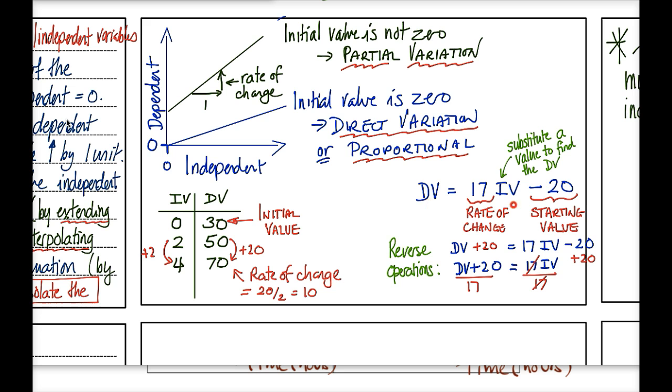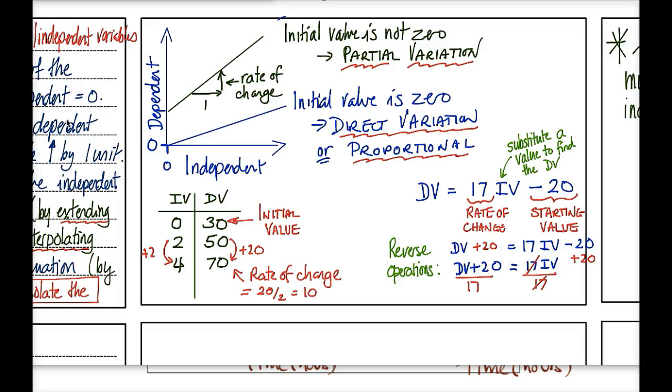On the left hand side is the dependent variable, the independent variable is over here, and the number in front of the independent variable, the coefficient of the independent variable, is the rate of change, or growth rate, and then the starting value is here at the end as a constant. Noting that the starting value could be positive or negative: negative if it's below the horizontal axis, or positive if it's above. So that's how we would show that in an equation.